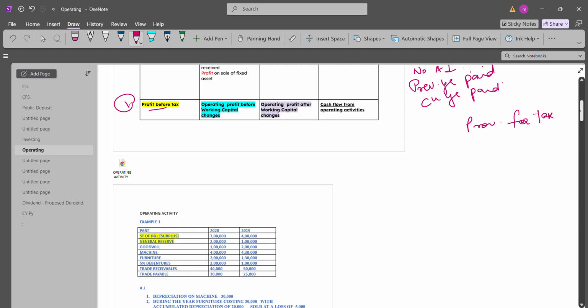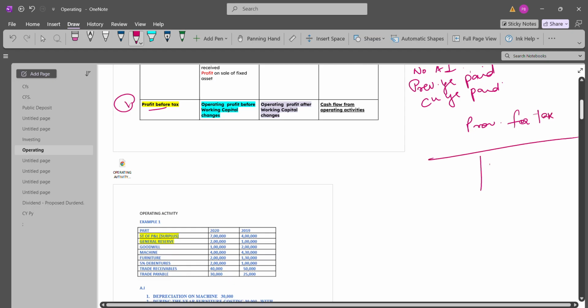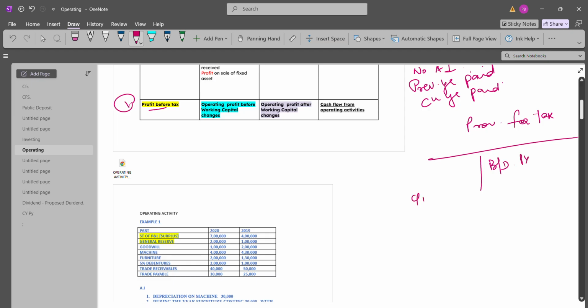So we will prepare the provision for tax account. It's a liability: brought down, previous year amount comes here; carried down, current year amount comes here. We follow the rule PM. The amount paid by us as taxes comes here, and the amount made as provision comes here.